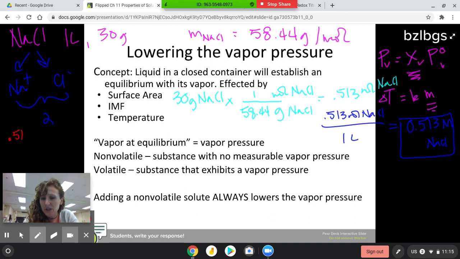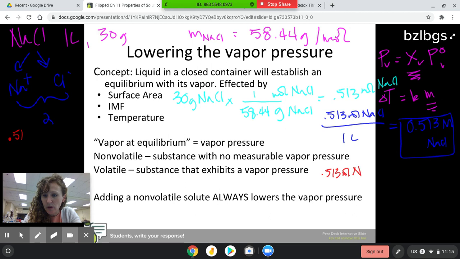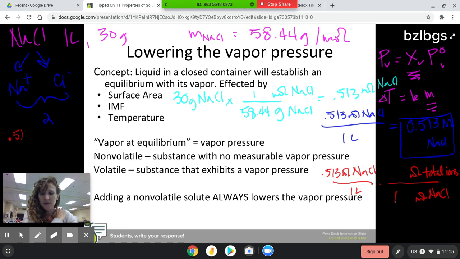Okay, so 0.513 moles of sodium chloride per 1 liter of solution. Then we want to convert out of moles of sodium chloride and into moles of total ions. So for every 1 mole of sodium chloride, you have 2 total ions. So you double it.